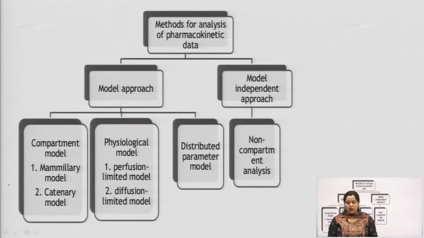So, methods of analysis of pharmacokinetic data. We are saying that the drug first goes through the absorption phase, then distribution, metabolism and excretion, but these model based calculations prove it right. Yes, the drug is first absorbed, as shown by that particular AUC, Cmax, Tmax, plasma concentration time profile curve.